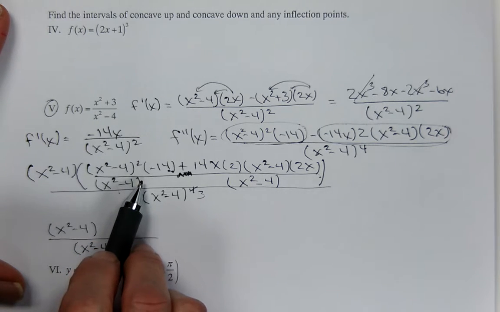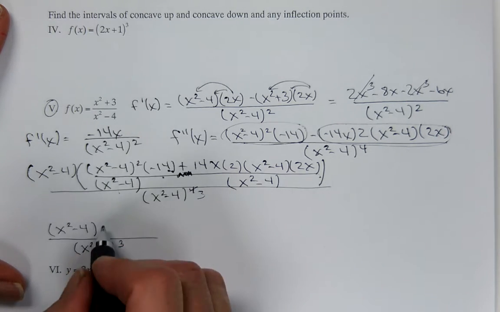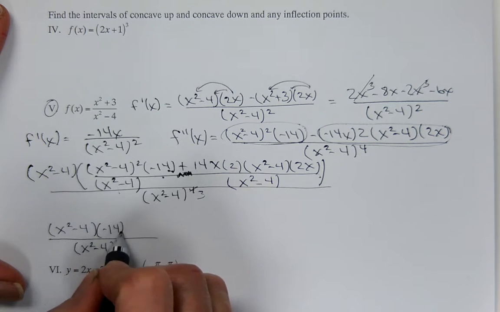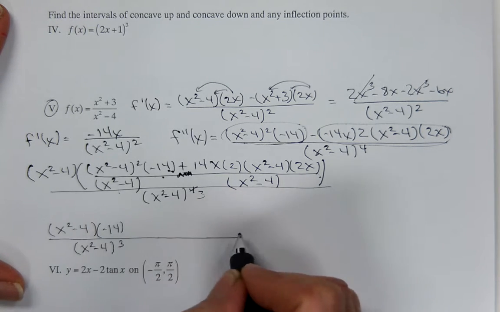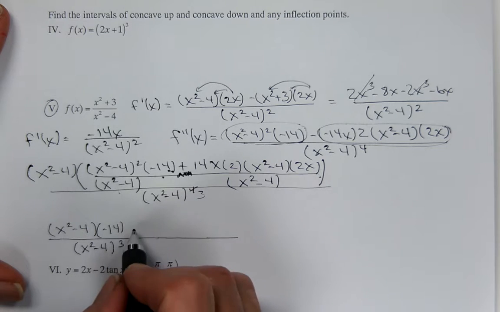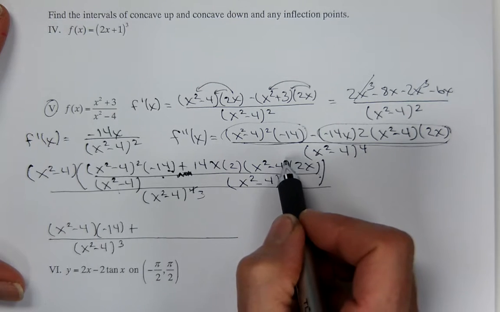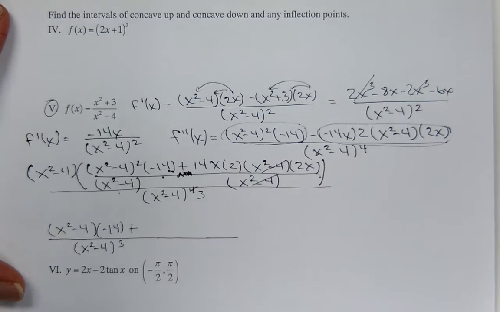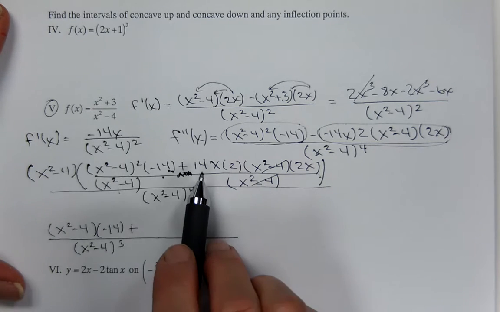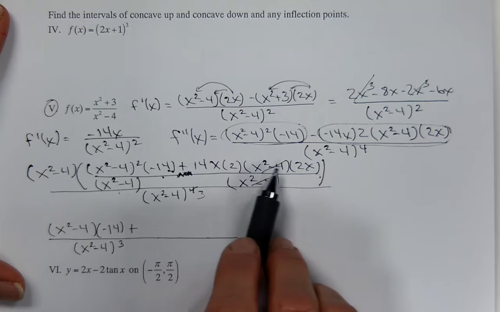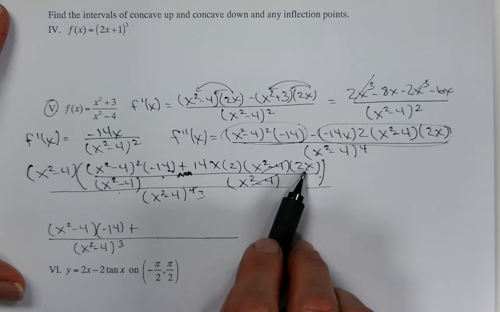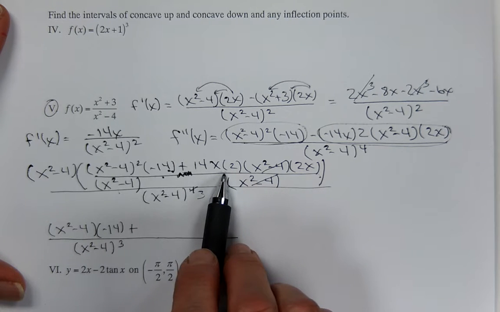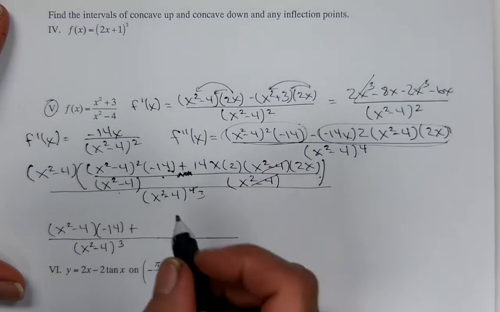So these reduce, and then there's still this negative 14. And now we'll go over to the other term. We have a plus, and here the x squared minus 4's cancel altogether. So we're left with the 14x times 2 times 2x, which is, let's see, 56. Yeah, 56x squared.